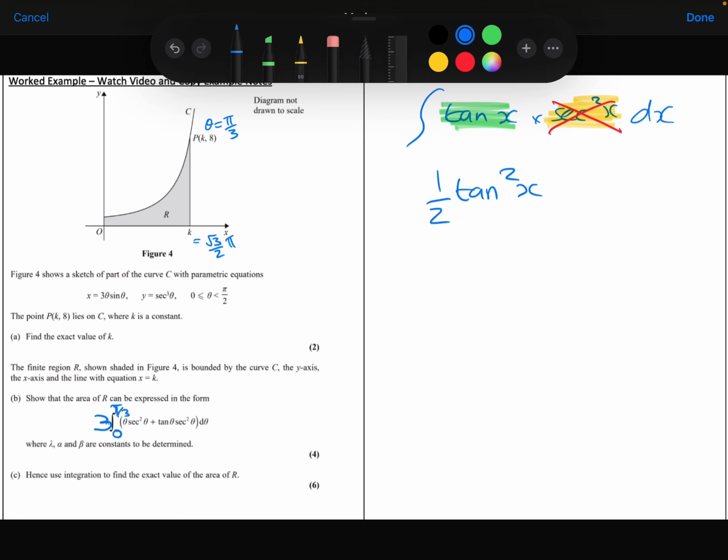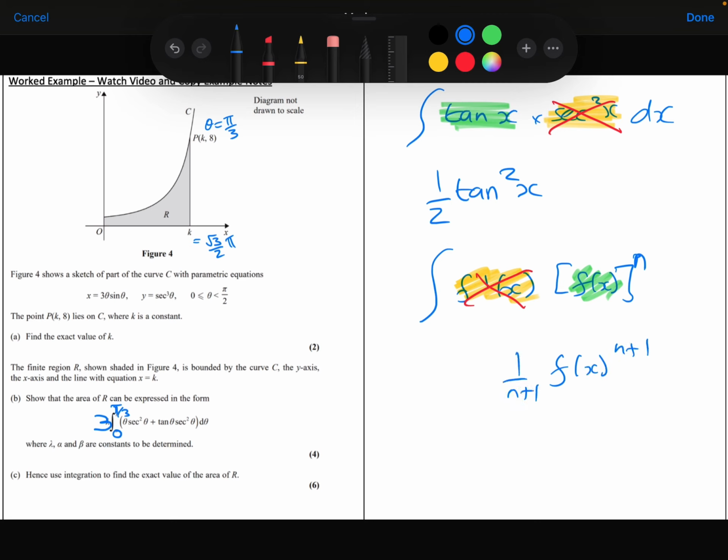This is a case where we're spotting a derivative, where if we can spot the situation where we have the derivative times some function to a power, then we can ignore the derivative completely, add 1 to the power, and divide by the new power. That's what I've done here.